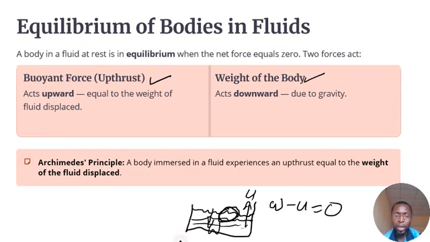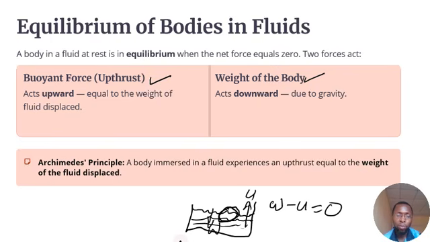There is a principle behind that, and it is called Archimedes principle. He said a body immersed in a fluid experiences an upthrust that is equal to the weight of the fluid displaced.